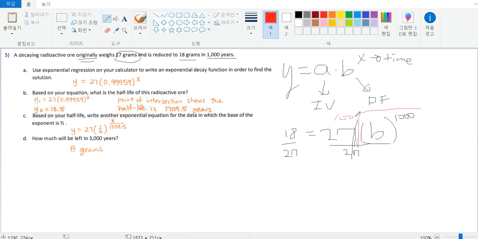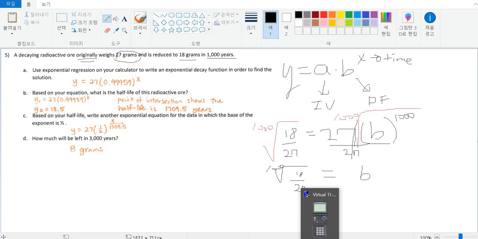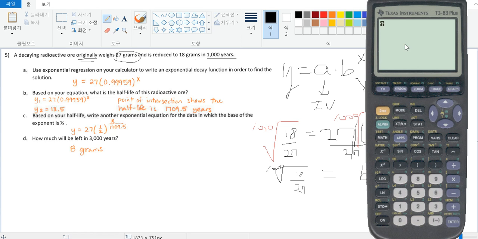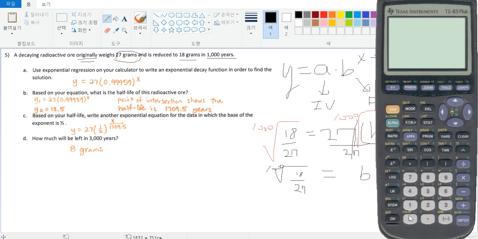Now on the right side we have b all by itself. On the left side we have the 1,000th root of 18 over 27. I'm using my mouse to write these things, so it's not completely neat.